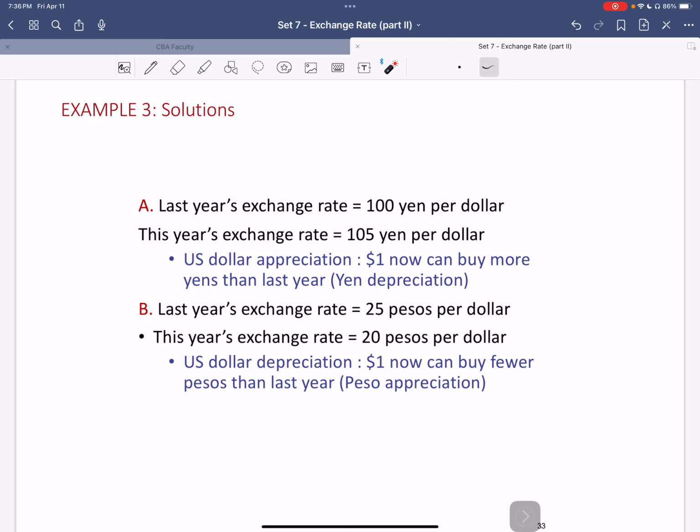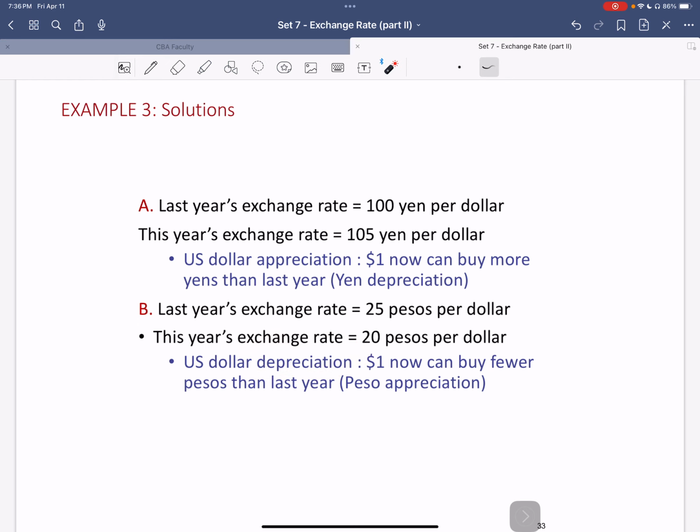So you see, it depends in which currency you are measuring the value of the dollar. Depending on that, you can determine if the dollar has appreciated or depreciated. It could be appreciated against one currency while it has depreciated against another currency.